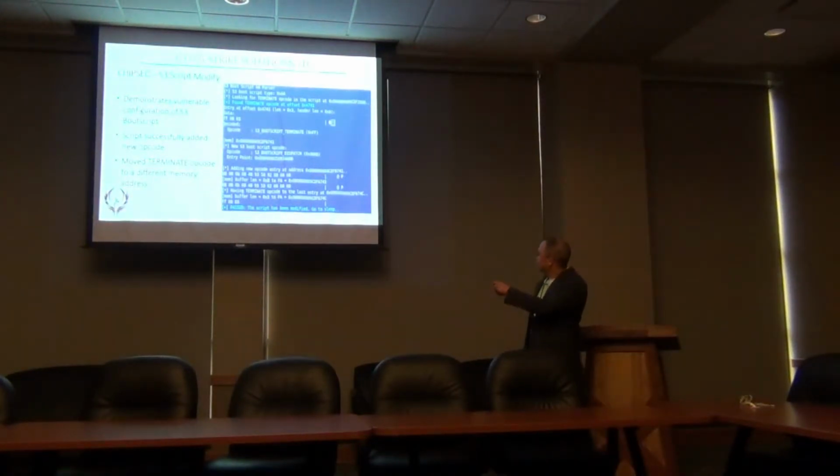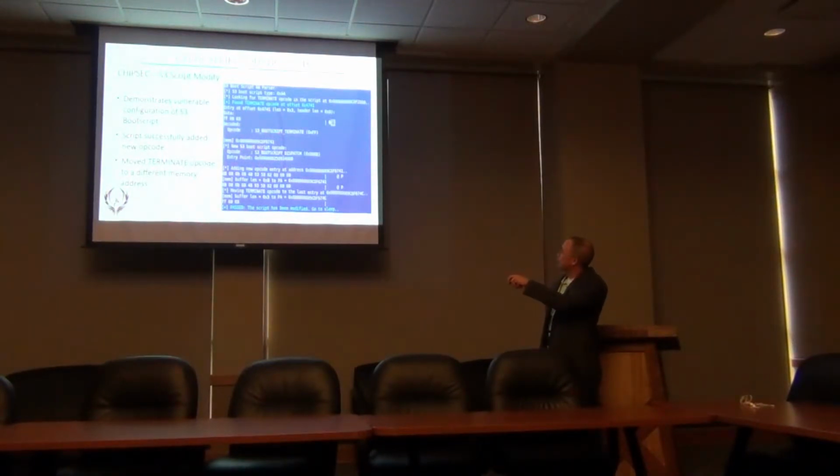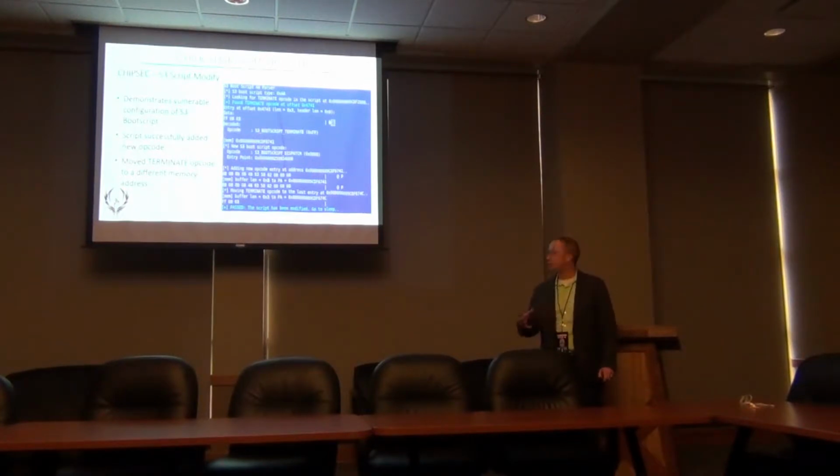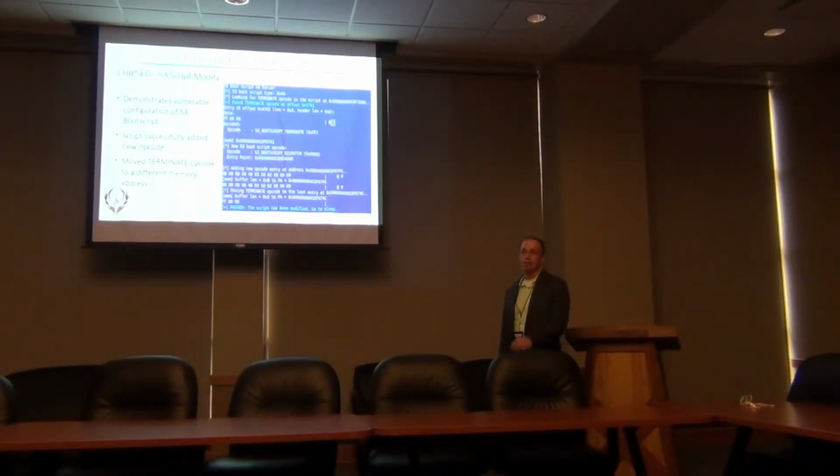So this was the explanation of what happens whenever you run the modification test. You can see that it moved the terminate opcode to different memory locations, just as a demonstration that you were able to move stuff around in memory and write to the memory to show that it actually was not protected.